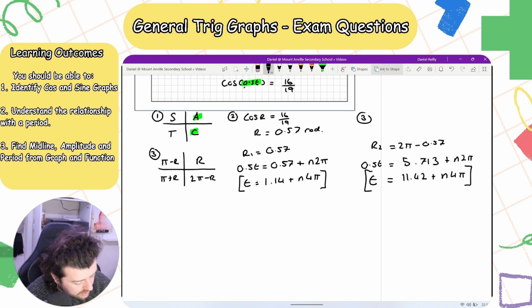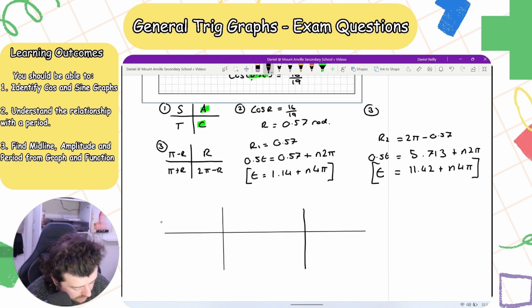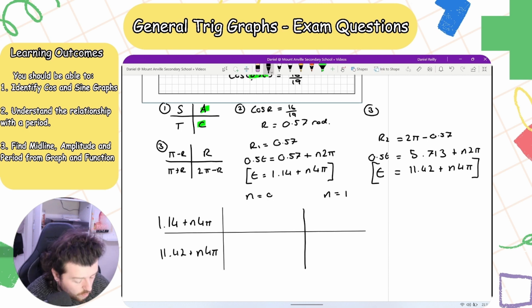So to set up my little table here. My function here is 1.14 plus n4 pi, and then here 11.42 plus n4 pi. So when n is 0 and n is 1, I really don't think I'll need much more than that.